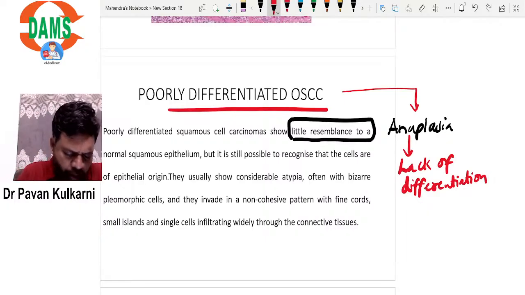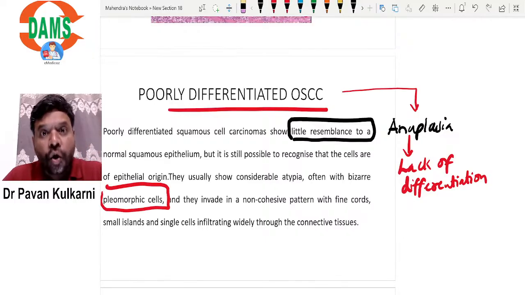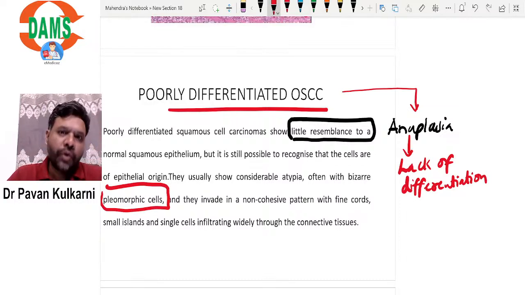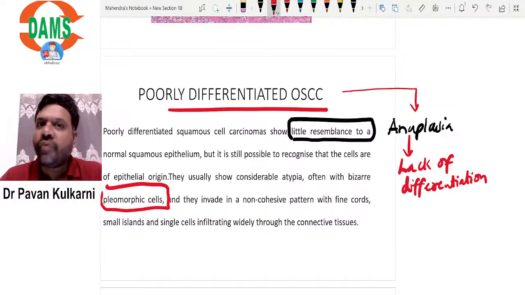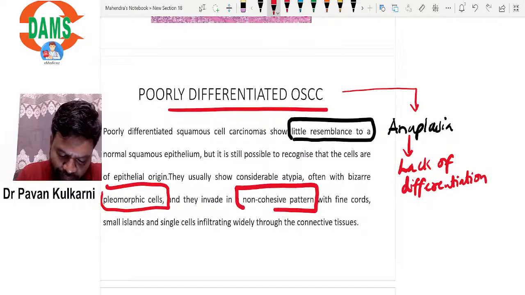It also shows pleomorphic cells. That is what we have seen. More atypia. I have told you three things: you should see keratin, you should tell about the dysplasia, and you should talk about the cohesive nature. Here there is no keratin, minimal keratin. You can say no keratin at all. And you are seeing more atypia, more abnormal cells, and a totally non-cohesive pattern.